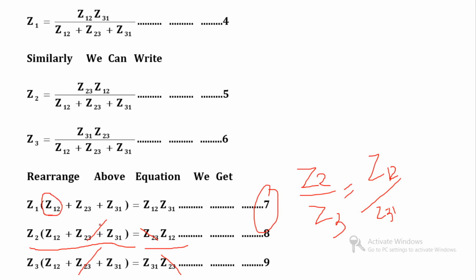Clear? So Z31 will be cancelled out if you replace Z23 and Z31. The remaining term will be Z12, so that we can find out the value of Z12, and after that we will find out the values of Z23 and Z31. So note down this equation number 7. We are going to replace the values of Z23 and Z31 in this particular equation.